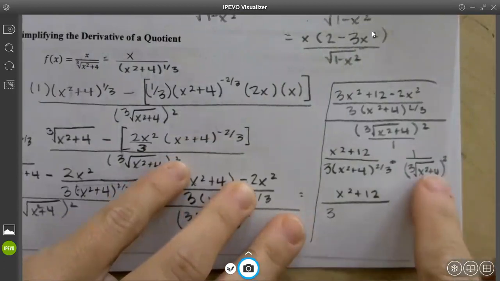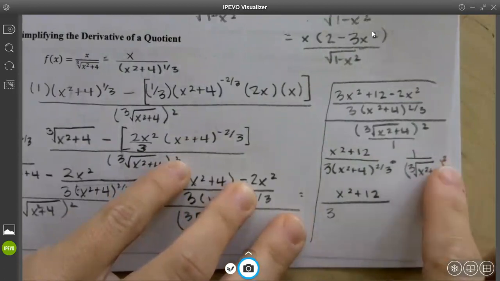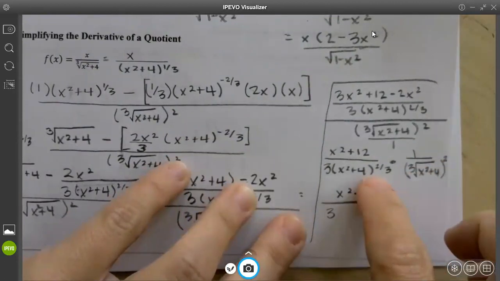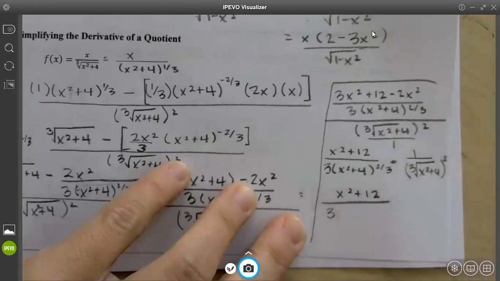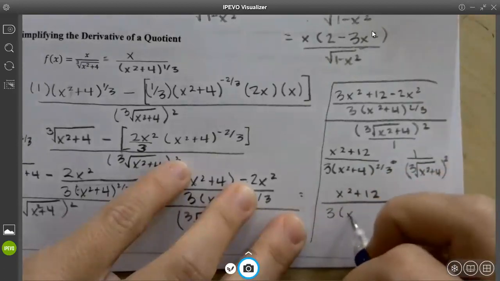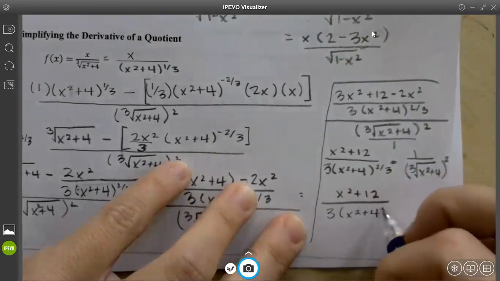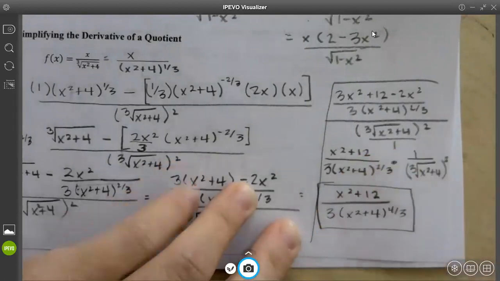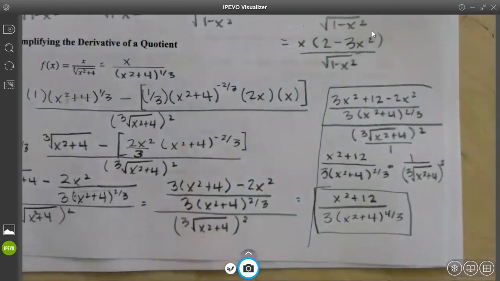What is this going to fix to? The cube root of x squared plus 4 squared. What power is it going to be if I don't write it as a square root or a cube root? 2 over 3. We have 2 over 3, and 2 over 3 makes 4 over 3. This is your final. There's nothing else that you can do to that.